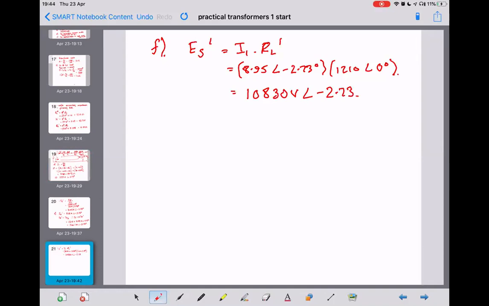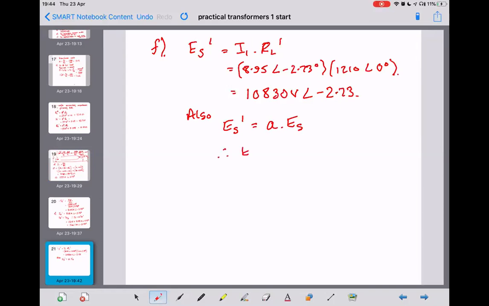Now we also know ES dash is equal to A times ES.